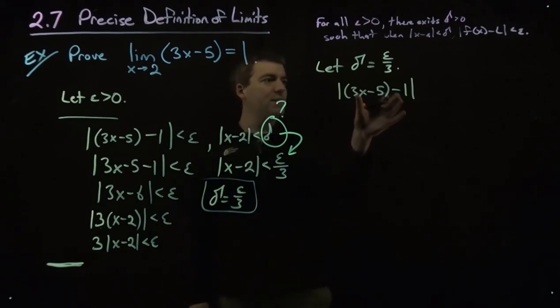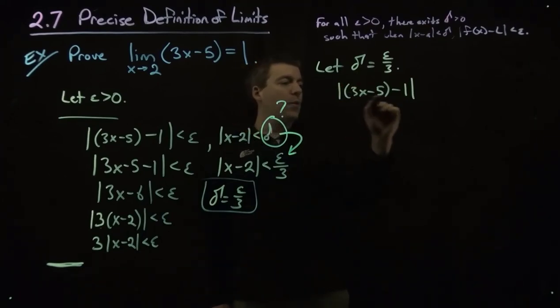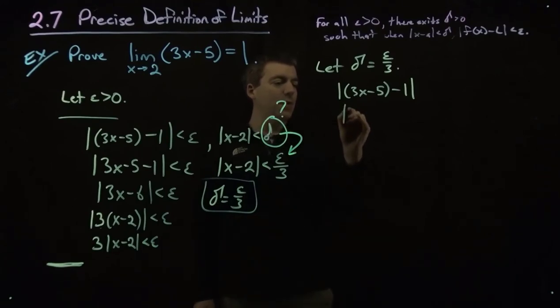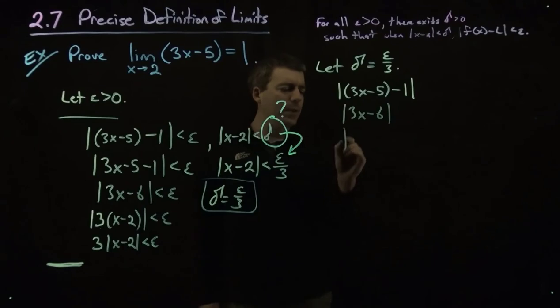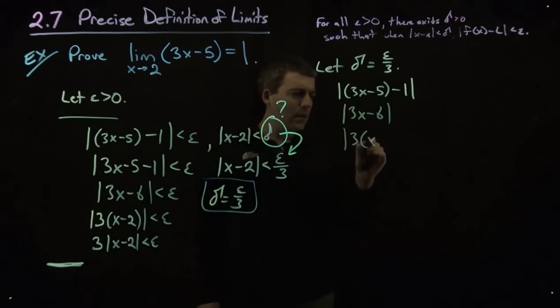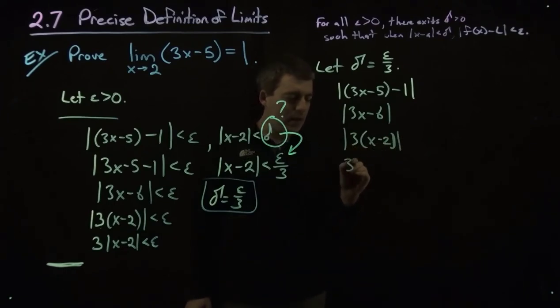So we'll start with this, and we're considering that delta is equal to this epsilon over 3. And we know that this is equal to 3x minus 6. You can factor out the 3. We can move the 3 outside the absolute value.